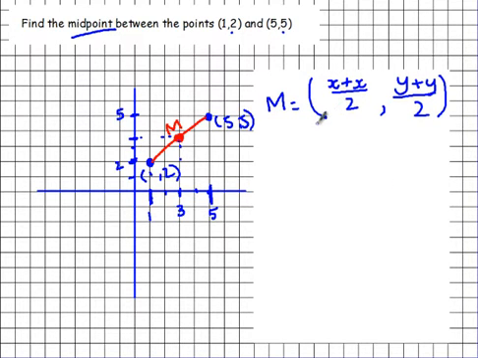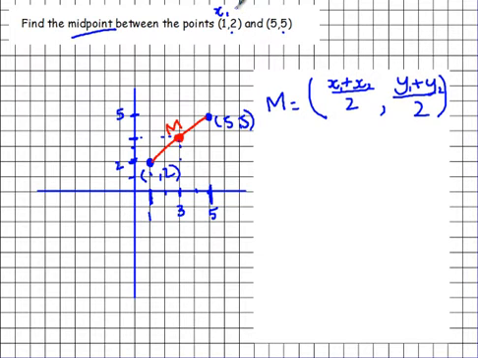Now, as we've done when we did our distance between 2 points, we differentiated our two x values by calling them x from the first bracket, x from the second bracket, y from the first bracket, y from the second bracket.